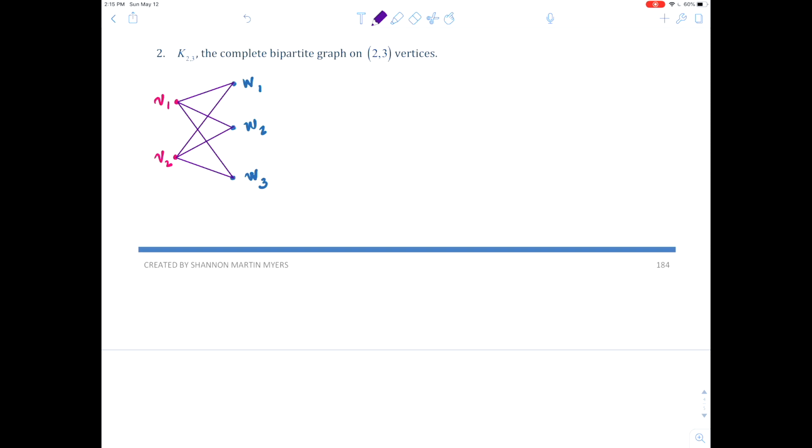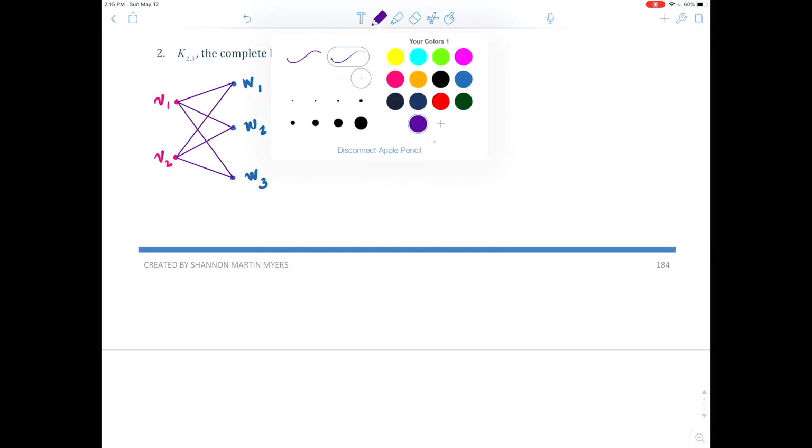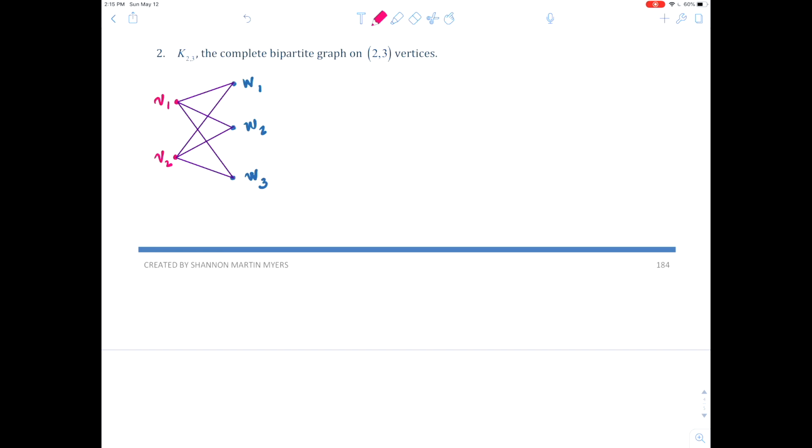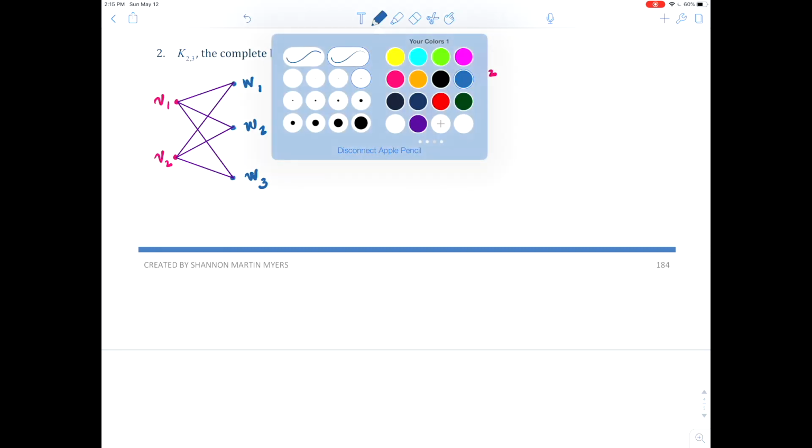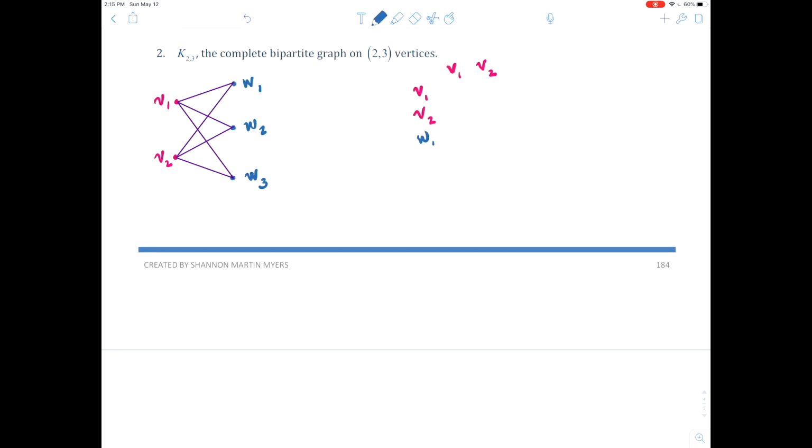And then let's take a look at what that matrix would look like. So here you would have, remember, it's got to be square, right? So we're going to just kind of sketch this out a little bit. We have to represent the V's, right? But we also have to represent these W's.